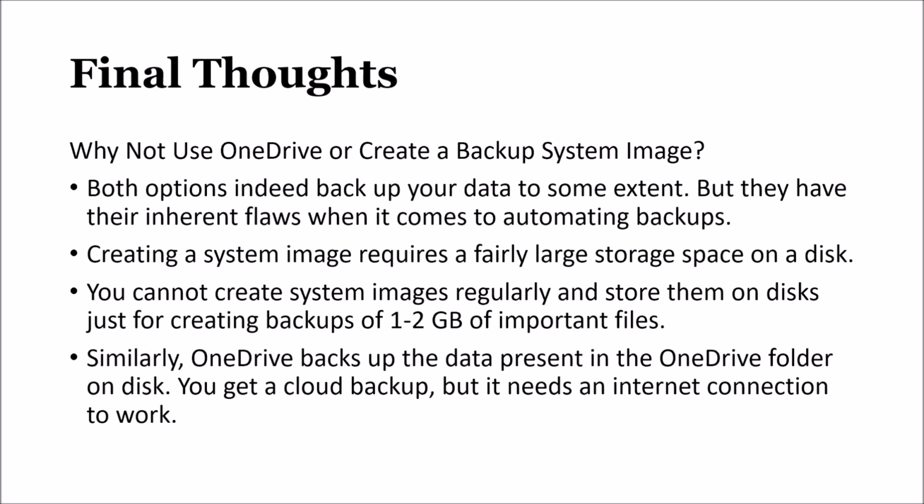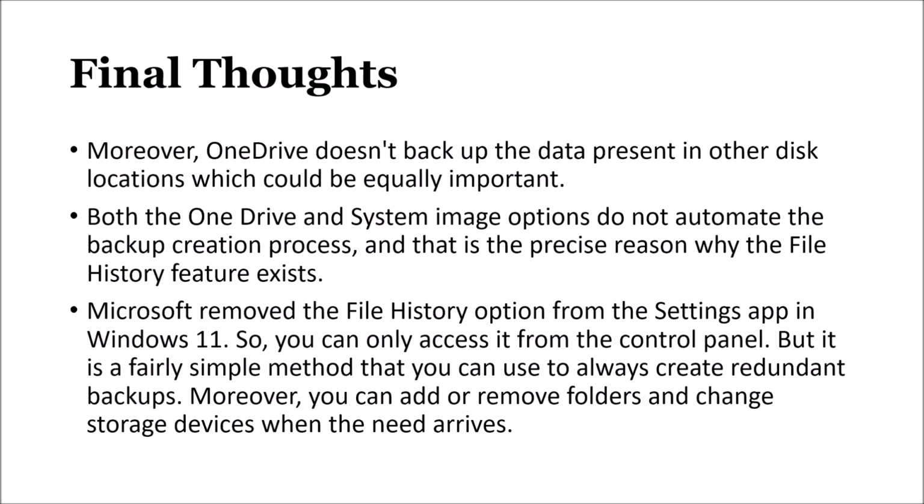You cannot create system images regularly and store them on disks just for creating backups of 1 or 2 gigabytes of important files. Similarly, OneDrive backs up the data present in the OneDrive folder on a disk. You can get a cloud backup, but it needs an internet connection to work. Moreover, OneDrive doesn't back up the data present in other disk locations, which could be equally important.